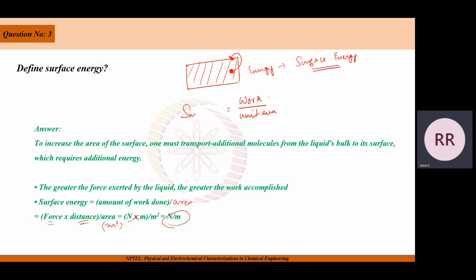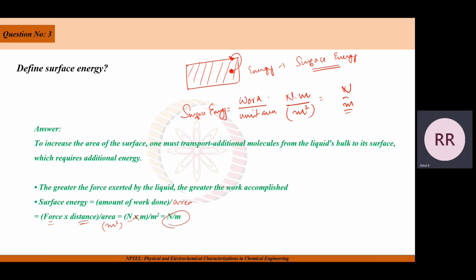This energy is called the surface energy. The unit of work is Newton meter, and dividing by the area in meter square, the unit is Newton per meter.